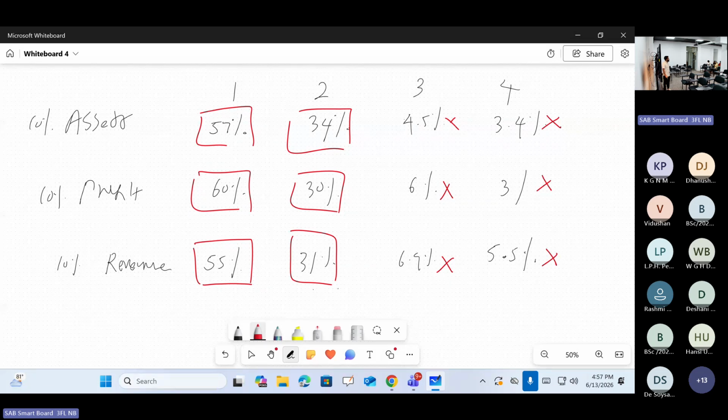Here we have evaluated the quantitative threshold. With the 10% criteria, you can understand segment 1 is an operating segment. Segment 2 is an operating segment. For these three criteria, segment 3 and 4 are not operating segments.